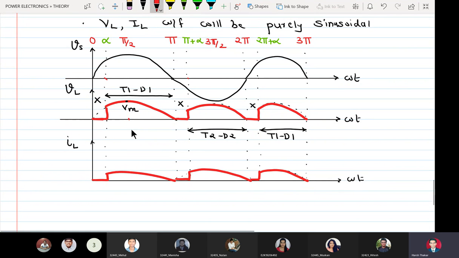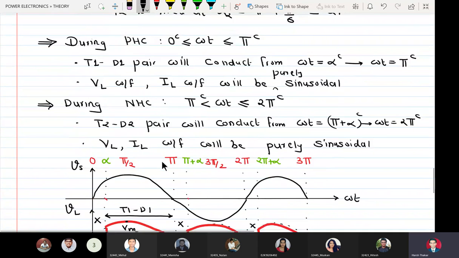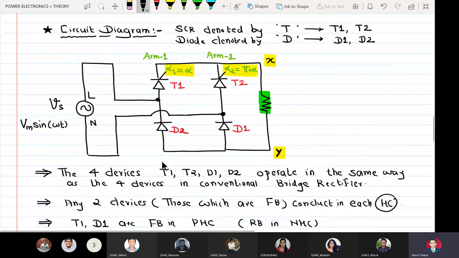This is Vm, and the current peak is Vm by R. Where is R? It is here. R ohm.